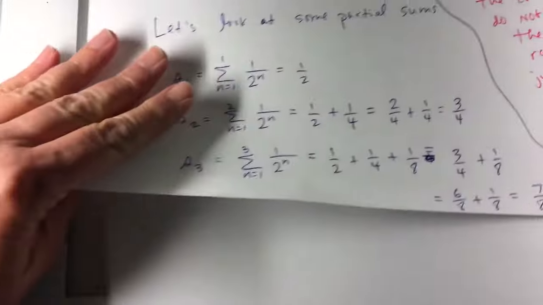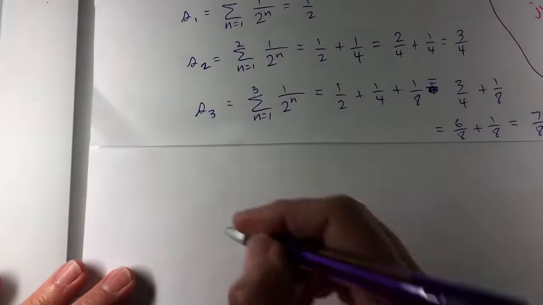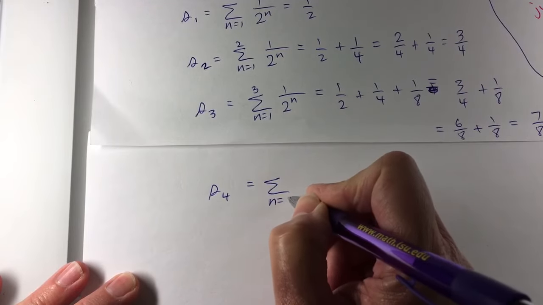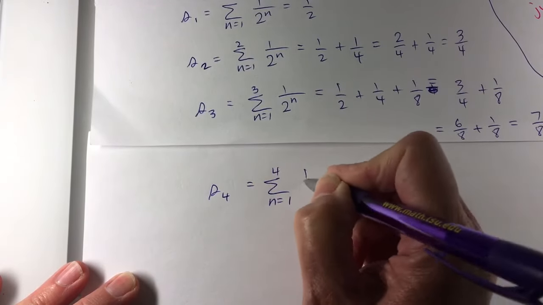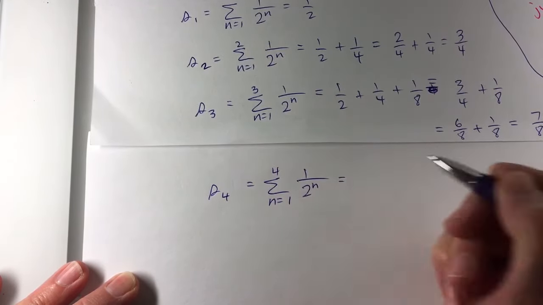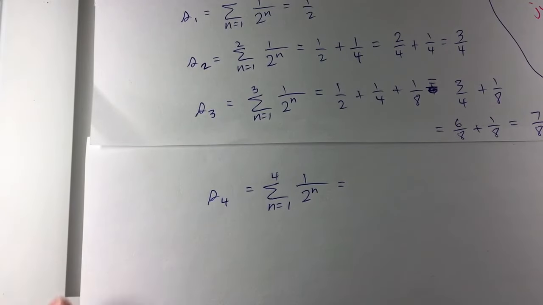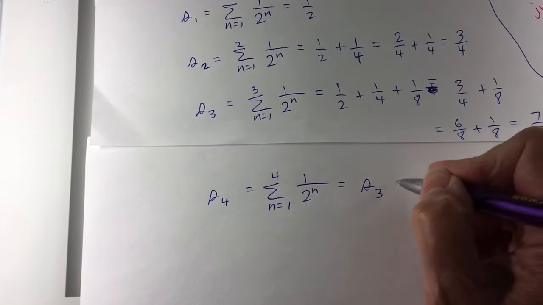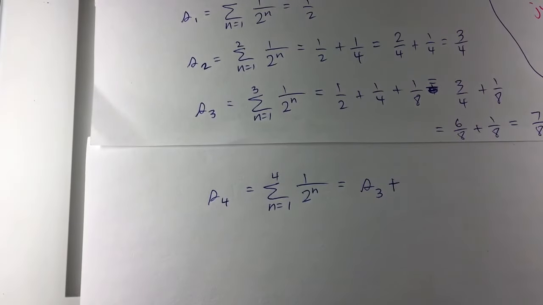S sub 4 will be the sum as n goes from 1 to 4 of 1 over 2 to the n. And from that previous comment on S sub 3, S sub 4 should be S sub 3 plus one more term.